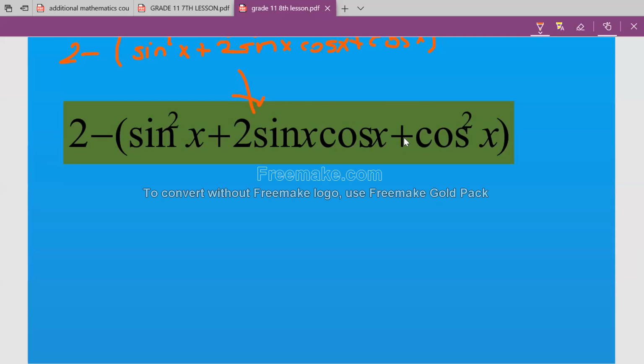To do this question, I know the identity which is always true. I can simplify what I have in the brackets: sine square x plus cosine square x. What is it? It's 1. So in the brackets what I have is 2 minus 1 plus 2 times sine x times cosine x. Now what will I do? I will expand the brackets.